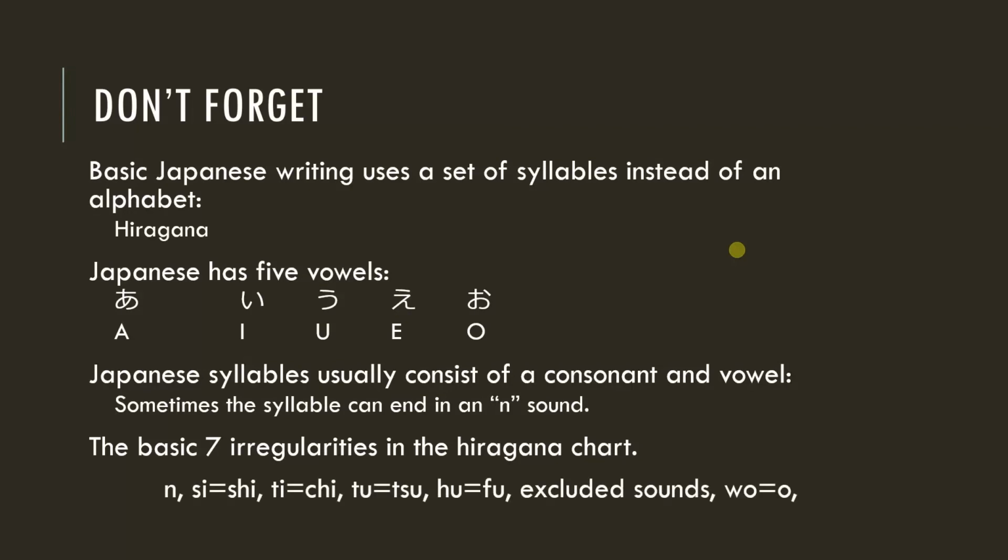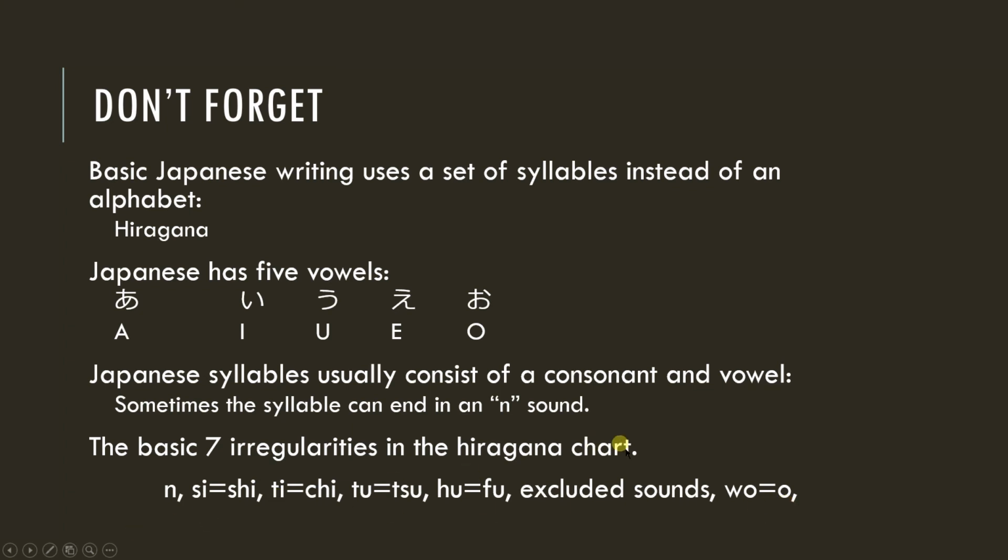And those are the n sound that we just talked about, how it can come at the end of a syllable, how there is no si in Japanese, but they say shi. They don't say ti in Japanese, rather they say chi. They don't say tu, but say tsu. Instead of saying hu, they say fu. And there are some excluded sounds. And the wo is actually pronounced as an o.